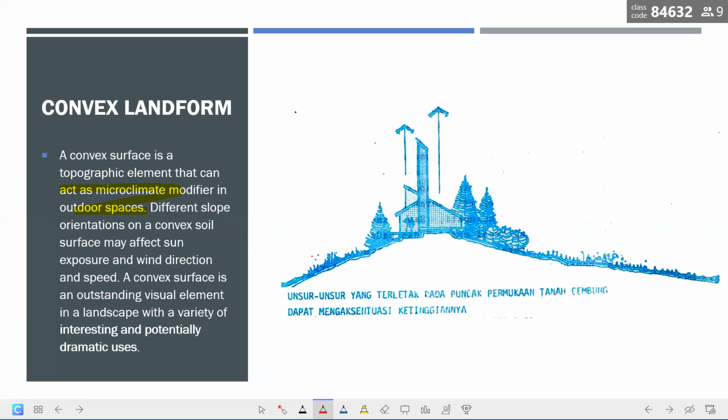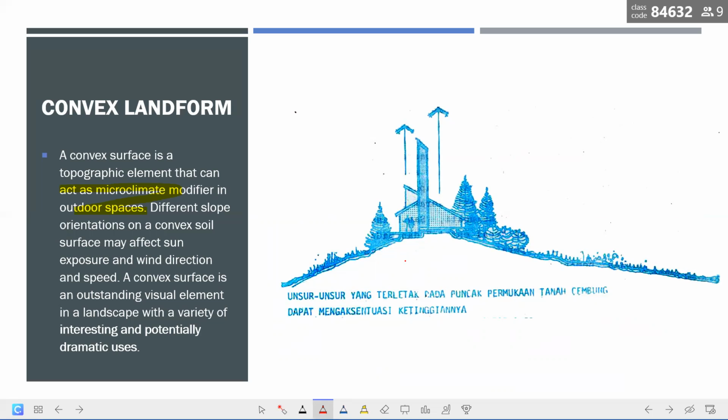But a convex surface is generally an outstanding visual element within a landscape with a variety of interesting and potentially dramatic uses. In this illustration, you can accentuate your structure's height or vertical features.